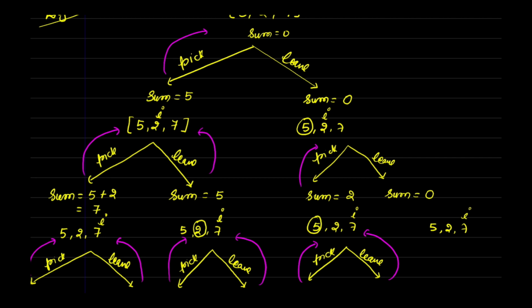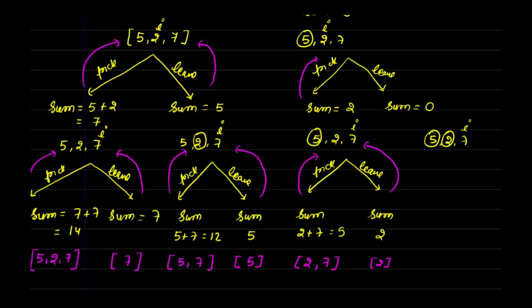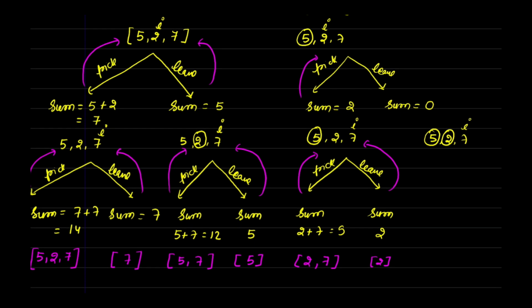My index is increased by 1, so index is here, and we left earlier 5, and we also left 2. Now my index element is 7, so we have two choices. Either we will pick the index element or leave the index element.